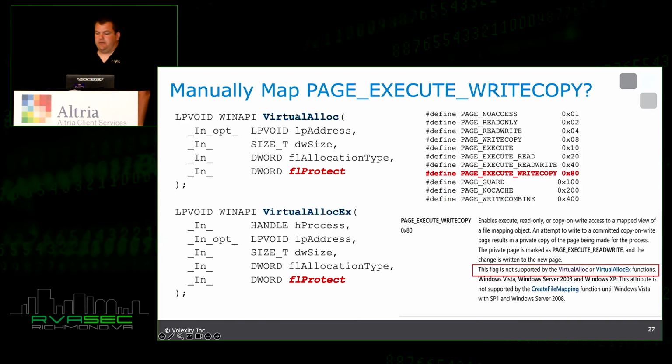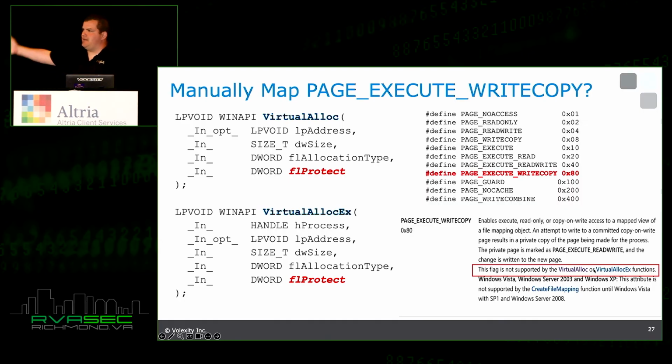The APIs that you use to allocate memory regions are either VirtualAlloc or VirtualAllocEx. One of the parameters that you have to give those functions is what permissions you want on the memory region you're creating, the initial permissions. And for reasons I'm not sure, but I'm very happy about, if you look at the documentation for page execute write copy, you can't set that flag to these functions.